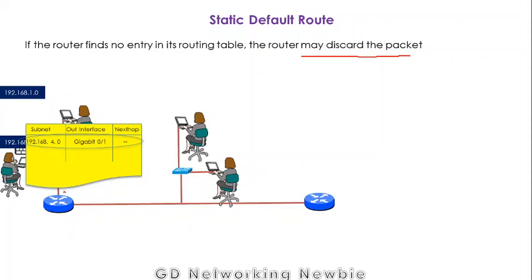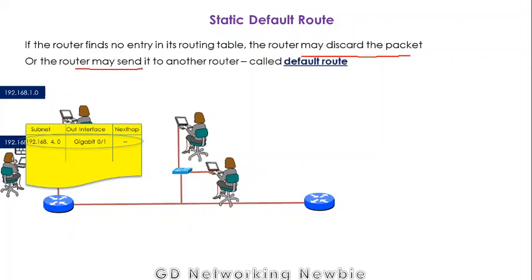But we have another option as well. The router may forward that specific frame to another router, and that router is the default route. In the same way, all of the packets for which there is no entry in the routing table, this router forwards to a default route.